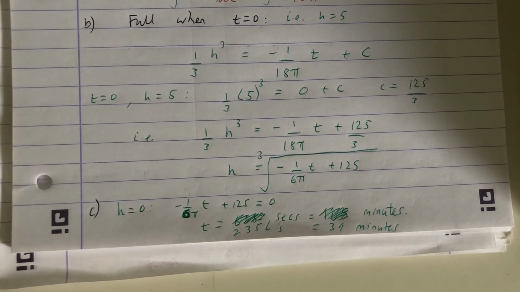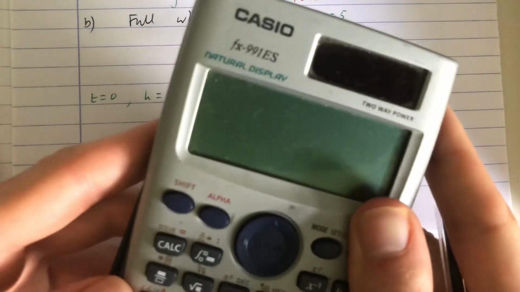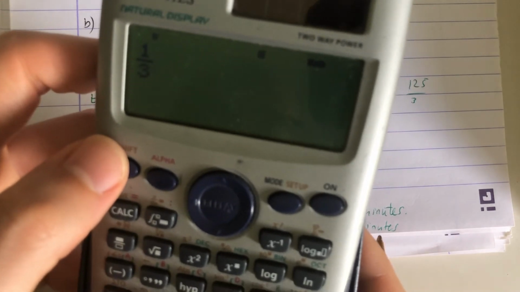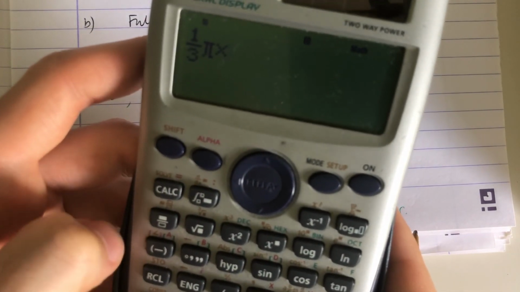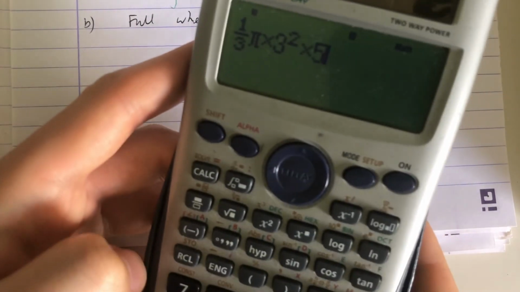There is an alternative to this, which is considering the volume instead of the height, because the volume is escaping at the same rate. If you knew the initial volume, you could work out how long it took for the entire volume to escape. So the initial volume would be 1/3 times pi times the radius squared times the height.